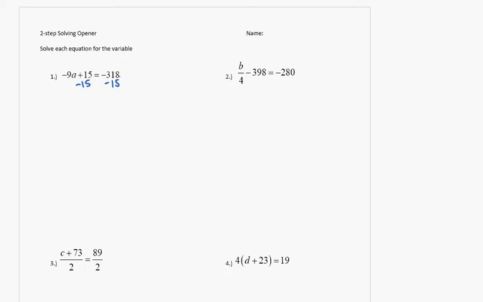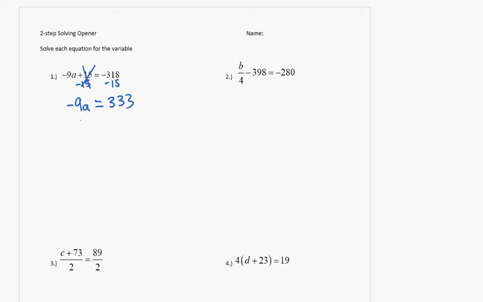So negative 318 minus 15 is negative 333 on this side. And remember, the reason we did that is positive 15 minus 15 is 0, so that's gone. And so I'm just left with negative 9a by itself.